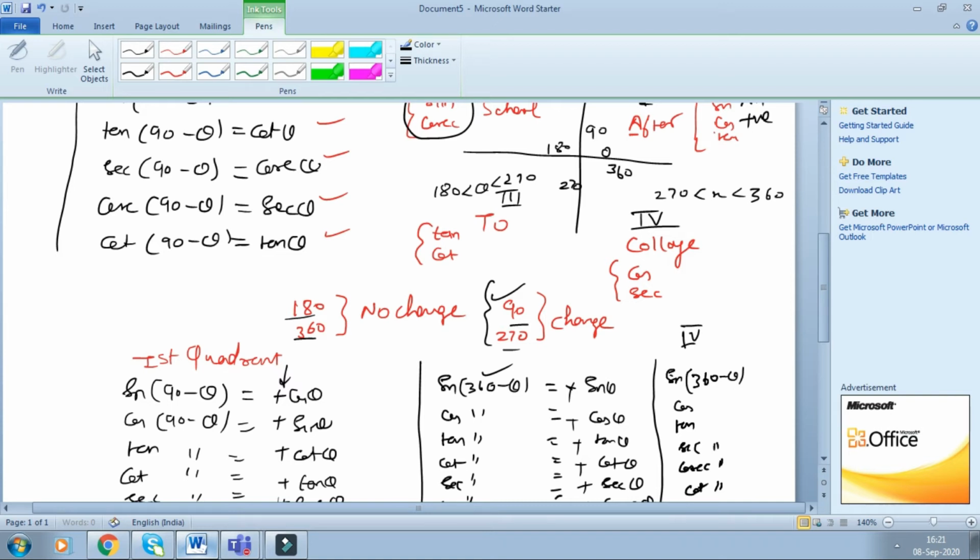In 360 there is no change, mind it. So sine remains sine, cos remains cos, tan remains tan, cosec remains cosec, sec remains sec, and cot remains cot. The only thing is we have to place the sign. In the fourth quadrant, cos and sec are positive, so their values are positive and the rest are negative.